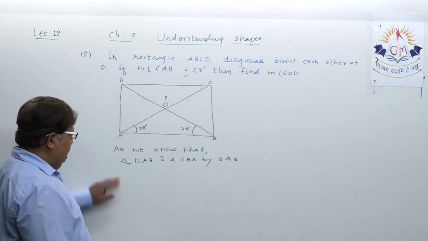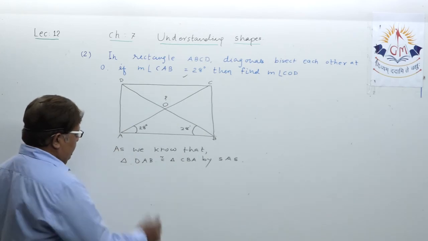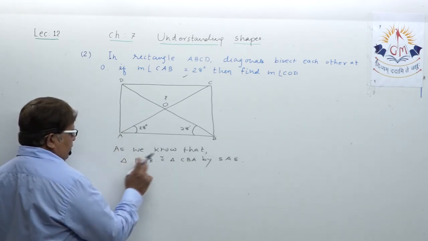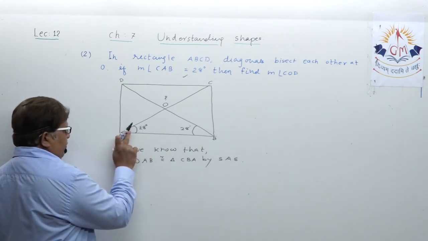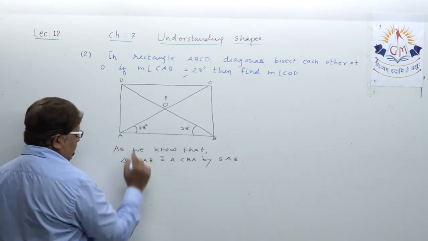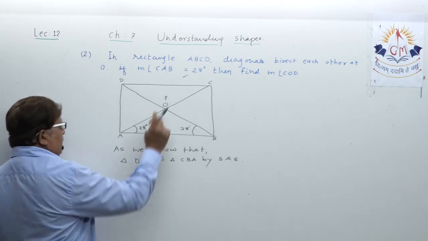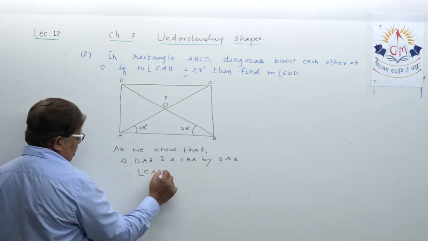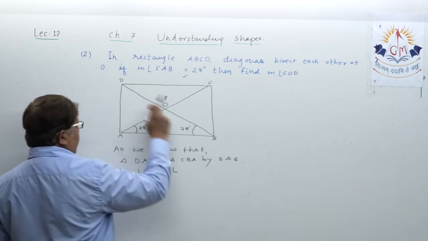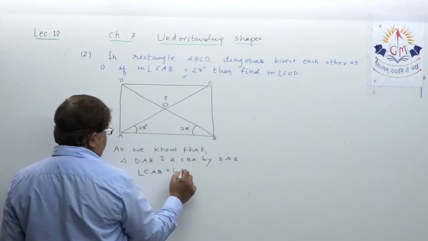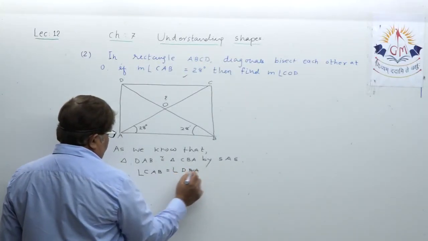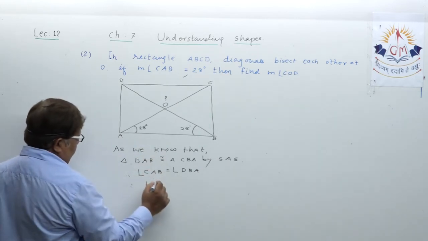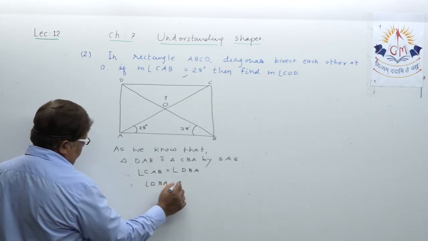You already know, because in one of the theorems we have done it. Because triangle DAB is congruent to CBA, these two angles are congruent. So you can write angle CAB equal to angle DBA. Therefore, angle DBA equal to 28.